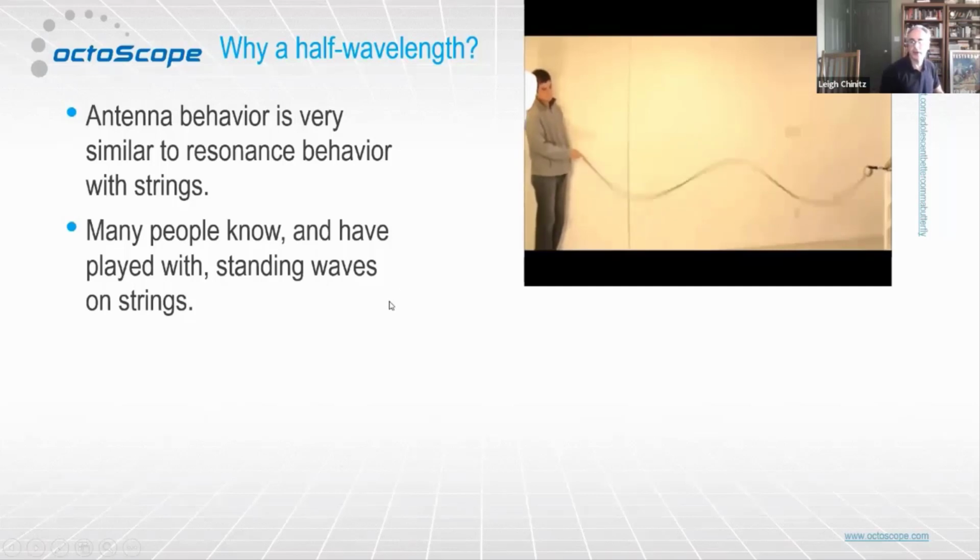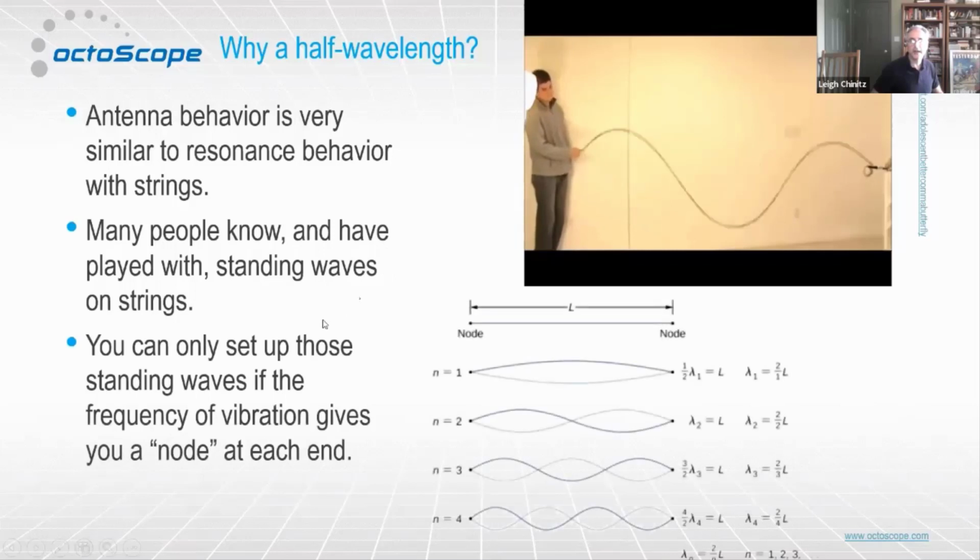And he is now vibrating that up and down, and he's looking for the resonant frequencies, the frequencies at which he can make that string vibrate. This is something that a lot of people have done, just playing around. And if you've tried to do this, you can only set up those resonant frequencies for specific frequencies, or specific wavelengths. Essentially, what you need is for the string to be able to remain fixed at the points at which it's fixed.